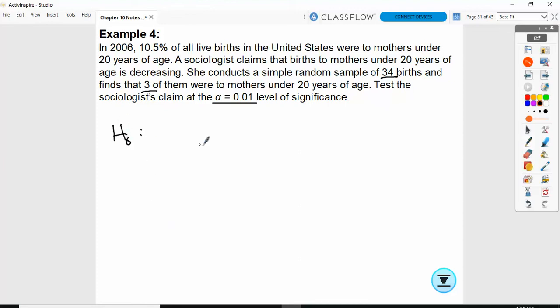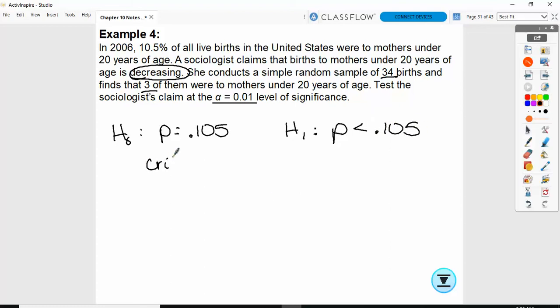All right, so my null hypothesis would be that p is equal to what? 0.105, the original. The alternative: she believes that it is decreasing, so the alternative would be that p is less than 0.105.